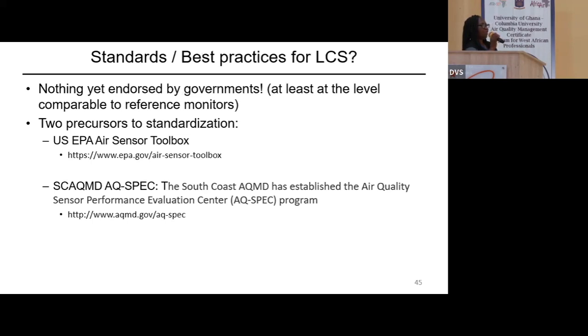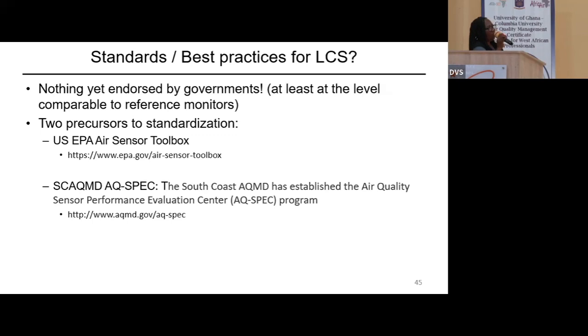So, standard best practices for low-cost sensors. Actually, nothing yet is endorsed by the government. But we have two precursors to standardization. The US EPA Air Sensor Tools, you can find it on that website. And we also have the South Coast Air Quality Monitoring Protocol that has established the Sensor Performance Evaluation Center.